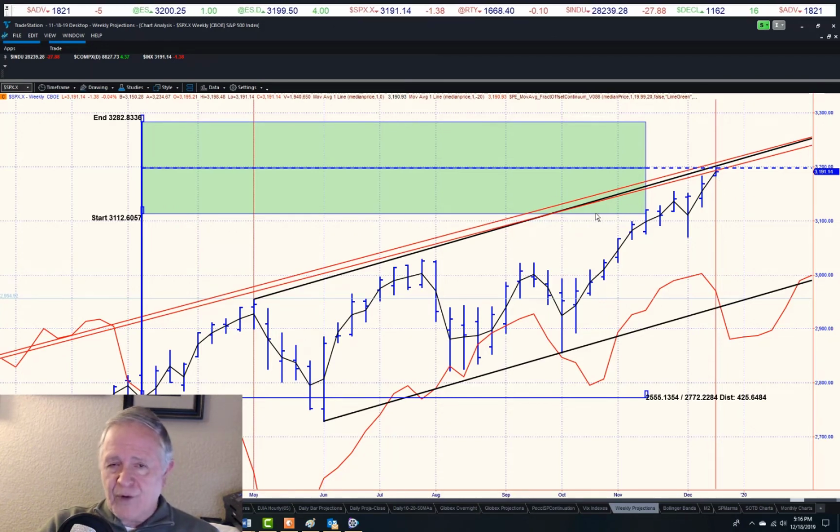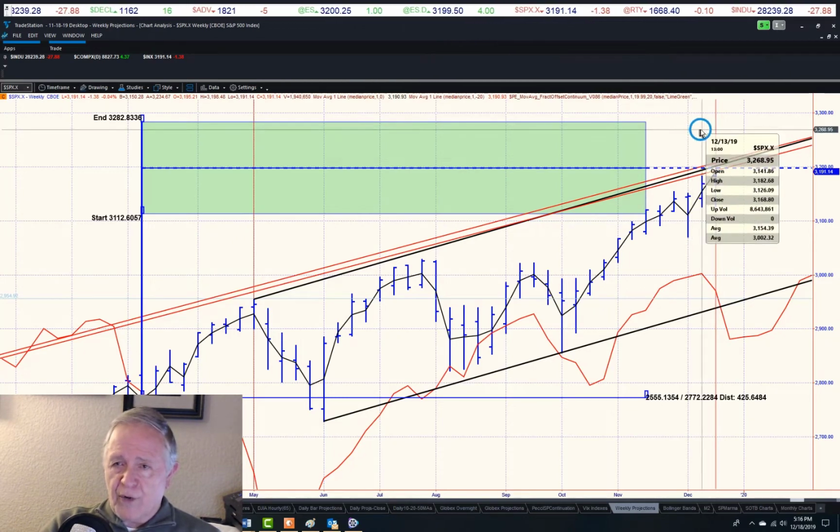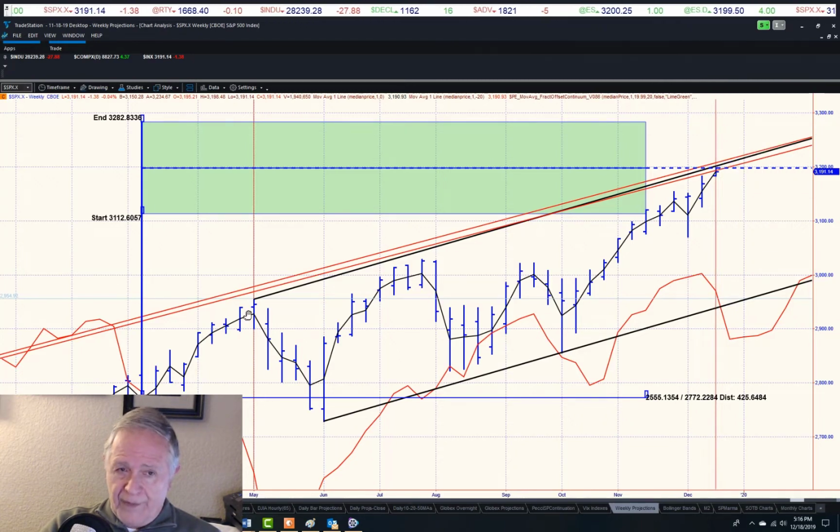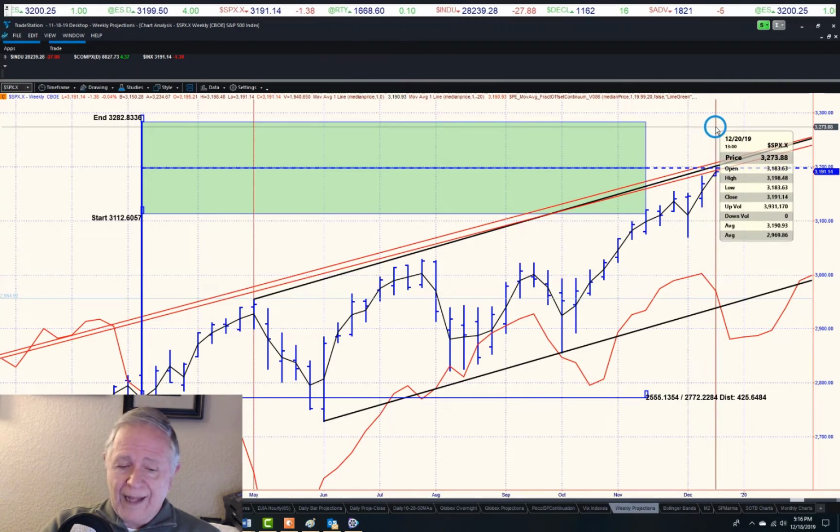So without doing all the math step by step, if you take that 7.478 points per week from this high to this current week, the line this week is at exactly 3,200.91. What is the high so far this week? Well, it's 3198.48, so about 2.5 points away.